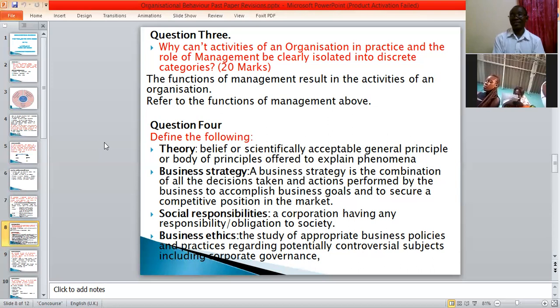The functions of management result in the activities of an organization. So for you to claim these 20 marks, just bring up the functions of management and connect them to the activities of the organization. Is that okay? So that's how you can address this question.